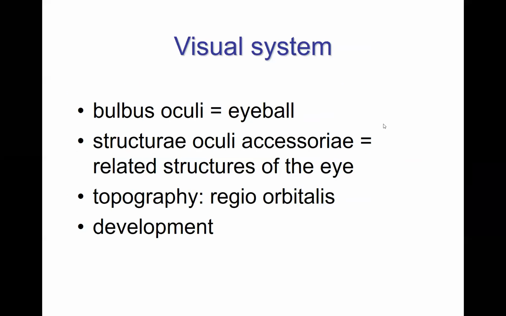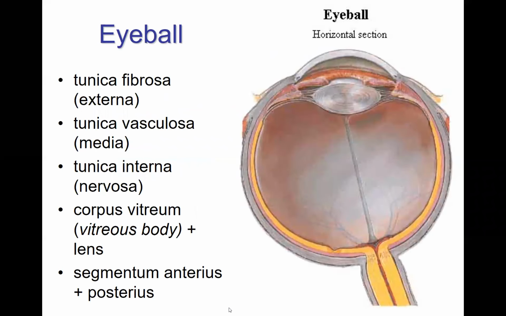And now we can go directly into the eyeball. So we are going to talk about the eyeball now. The eyeball is like a ball, like an onion, so it has layers. Which layers do we have? I hope you know these from secondary school: we have the external or fibrous layer.